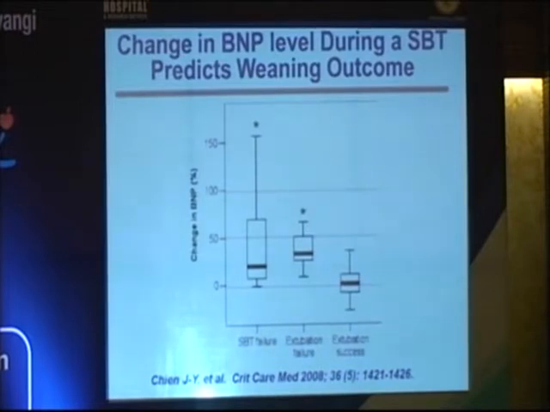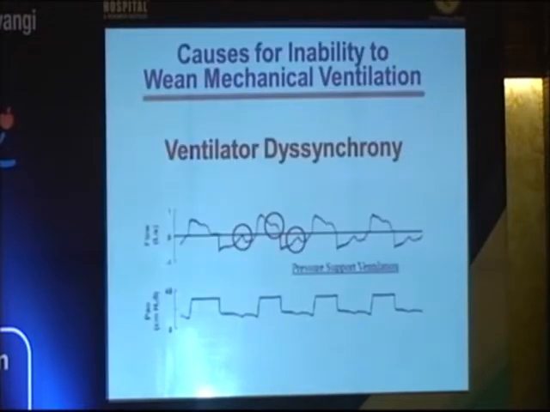But for those patients where this biomarker increases, these patients typically do not do well when they are taken off of mechanical ventilation. Another application for non-invasive positive pressure ventilation potentially for this type of patient.